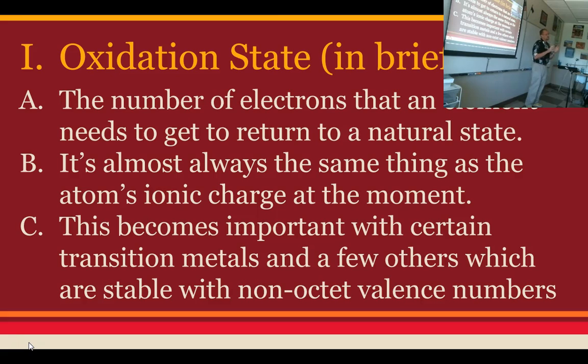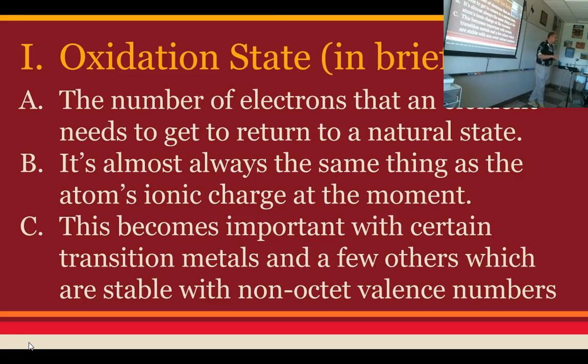So oxidation numbers for transition metals are a little bit of a different thing. And when we look at what's the oxidation number of a transition metal, or some of those other ones that can form larger than an octet that we were messing with, then you have to get a little bit more careful with how you calculate the oxidation number.